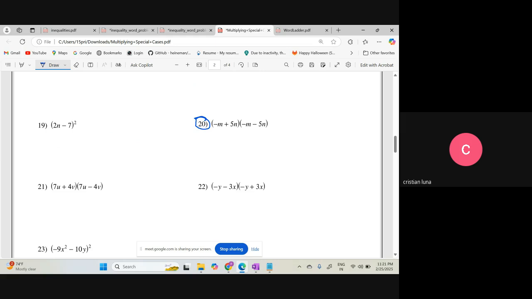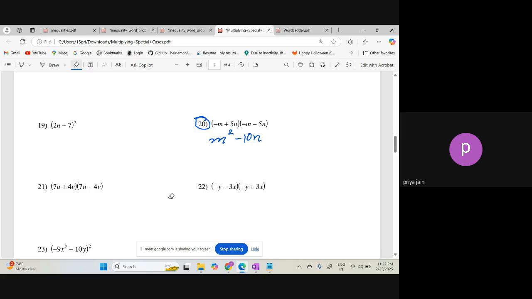Okay, so I got m minus 5n, and then I forgot the negative 10. And I got n minus 10n minus 10n. Wait, you did not get an m squared. Oh, okay, yeah, right. Sorry, I forgot about the m squared.